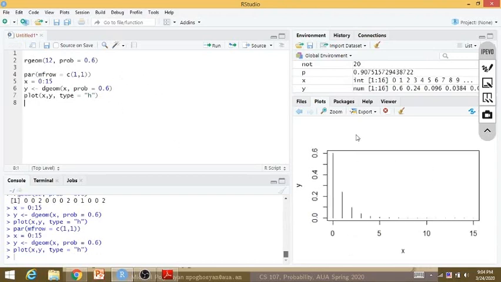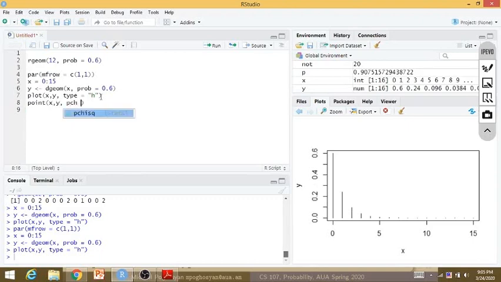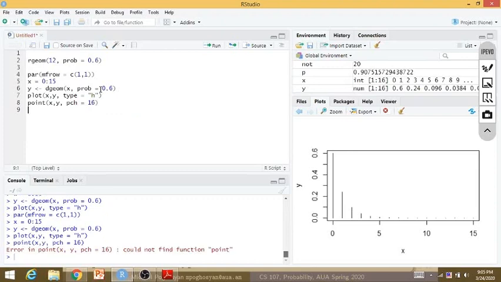Okay, just one picture in the graphical window. Then I want to add points x, y with point character, say 16. Well, something is wrong. Points, yeah, I forgot to write s.